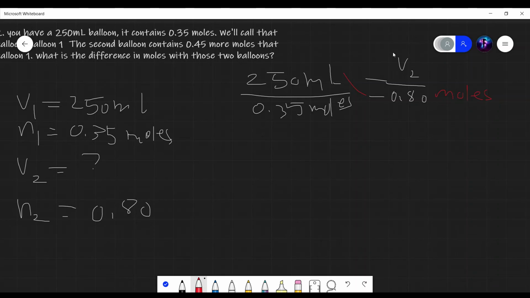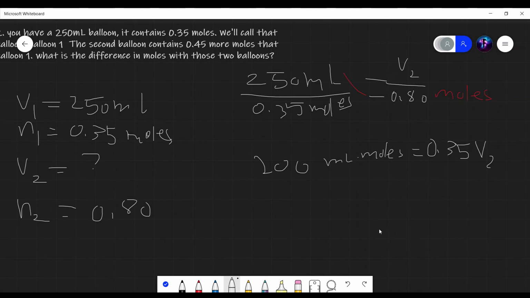250 times 0.8 is equal to 200. So that's 200 milliliters times moles is equal to 0.35 times V2.